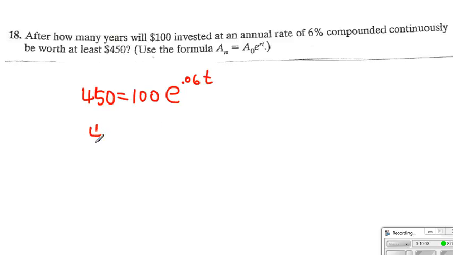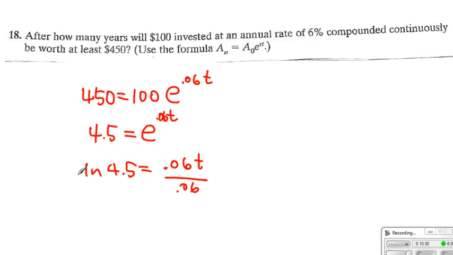Now, bring this one over, so then we end up having 4.5 is equal to e to the 0.06 t. Now, when we take ln this time, instead of logarithm, then ln of 4.5, in fact, is equal to 0.06 t.